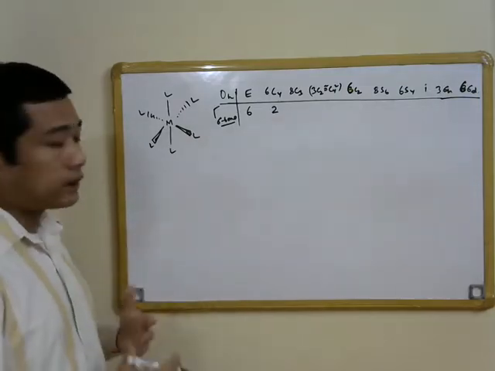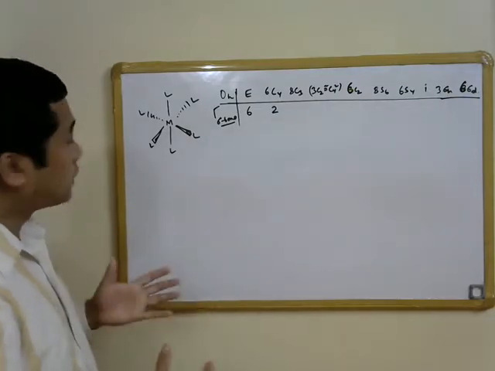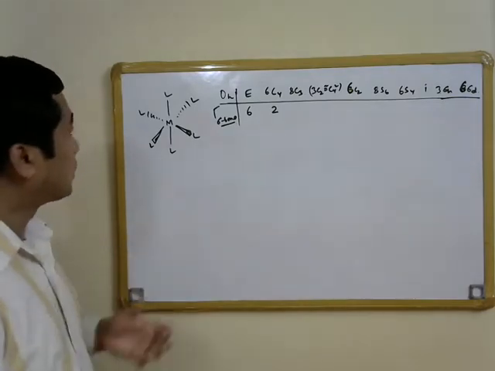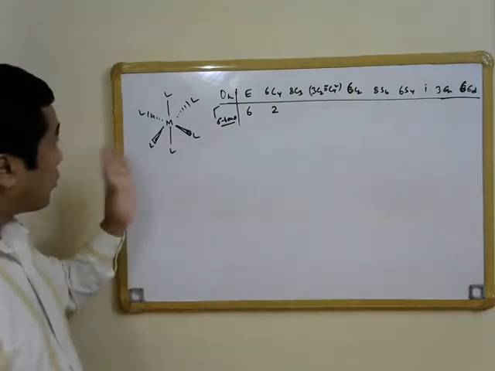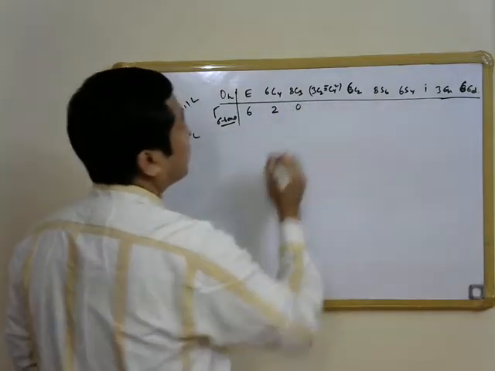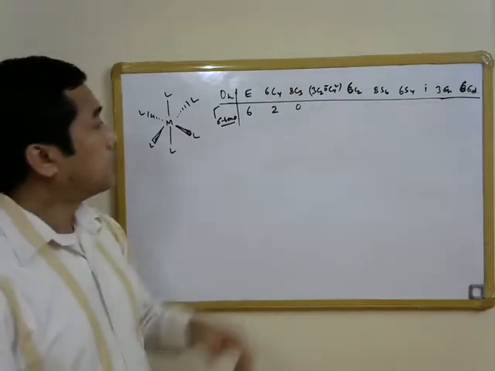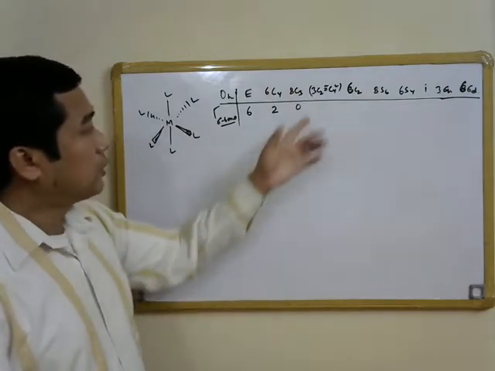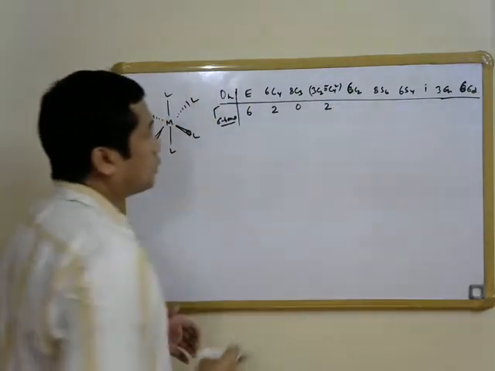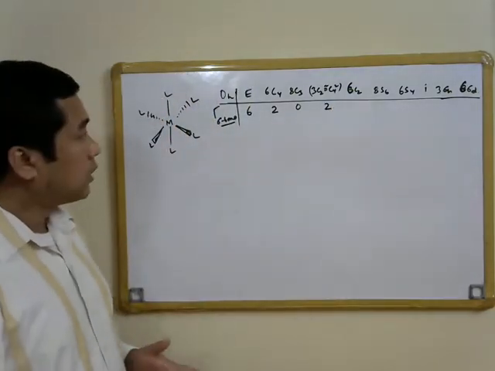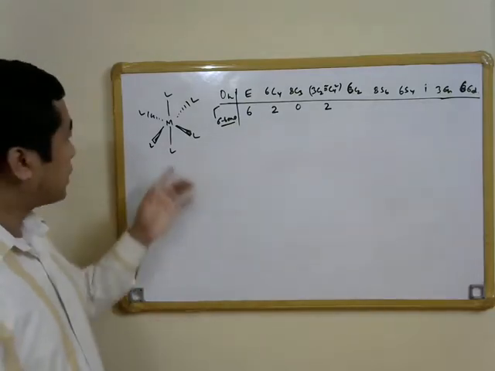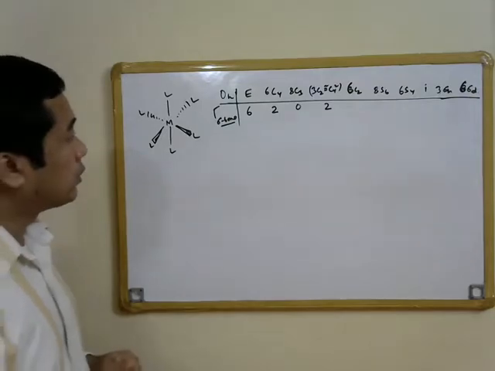And then when we do the C3 symmetry operation, the C3 passes through the centers of opposite triangular faces. So all the ML bonds are going to change position when we do the C3 operation, and the character is going to be equal to 0. These C2 are collinear to the C4 axis of symmetry, and that is why when we do this C2 again, 2 of the ML bonds are going to remain static, and the remaining 4 are going to change position, and that is why the character is going to be equal to 2.